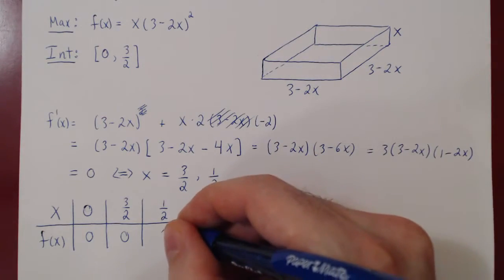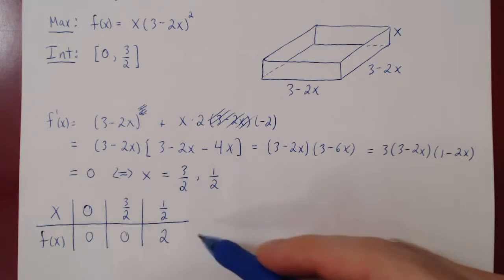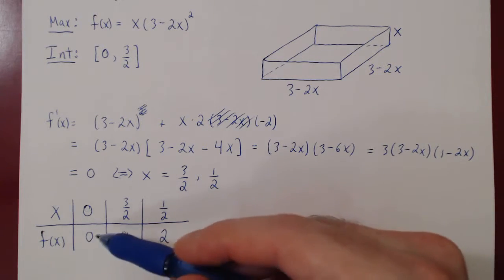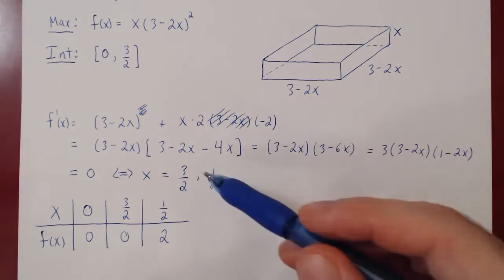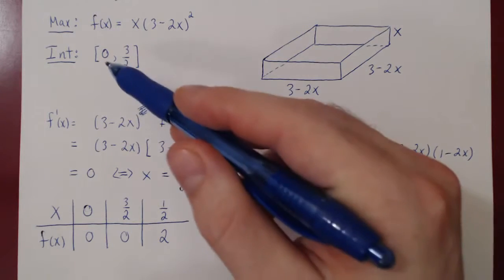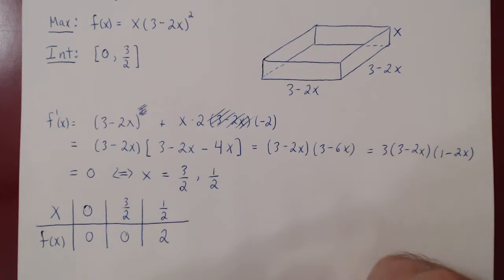And so the value for the volume is 2. And now we have a complete table, right? We have the value of the function at the endpoints of our interval and at the only critical point inside the interval. And so we know that from these three values, we have our minimum and our maximum value.